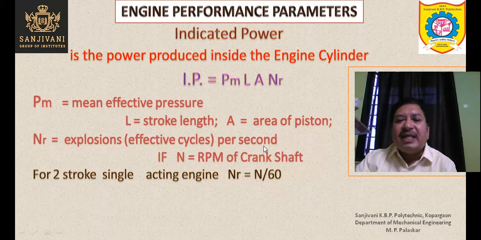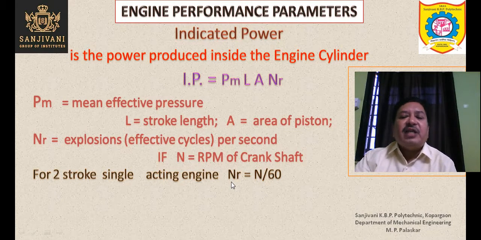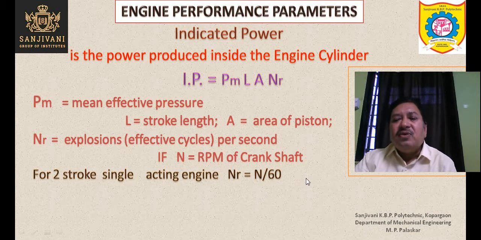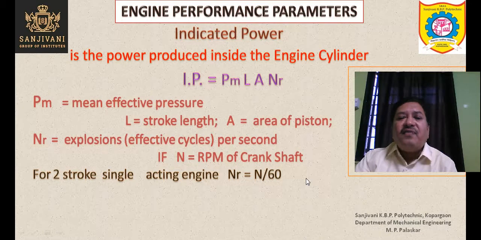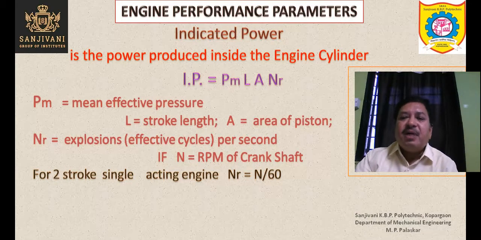So this is per second and this is per minute, and therefore we are dividing by 60. But since this is a 2-stroke and single acting engine, the number of explosions or effective cycles is equal to the number of revolutions per minute or per second.